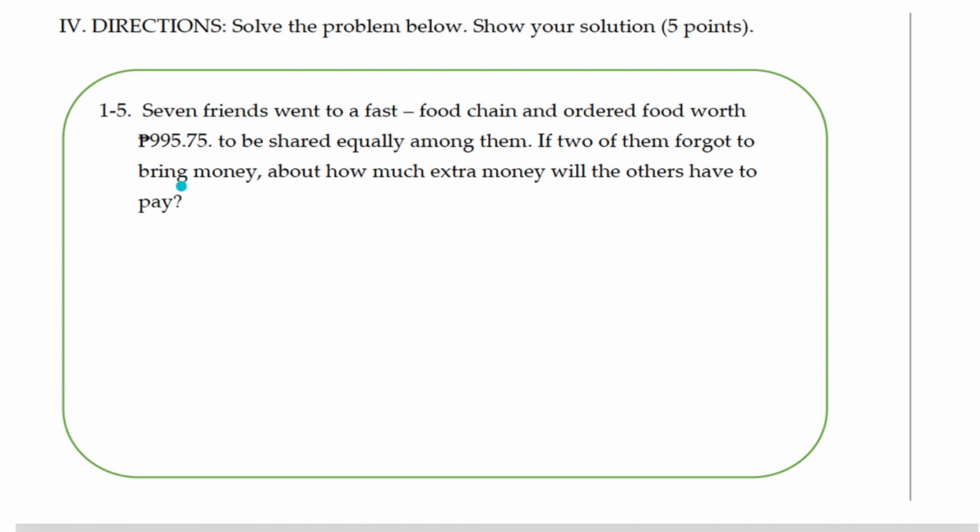So, ang gagawin muna natin is identify natin kung how much yung equally distribution dapat ng paghahatian nila. So, we have 995.75 divided by ilang friends. So, we have 7 friends. And the answer is 142 pesos and 25 centavos.